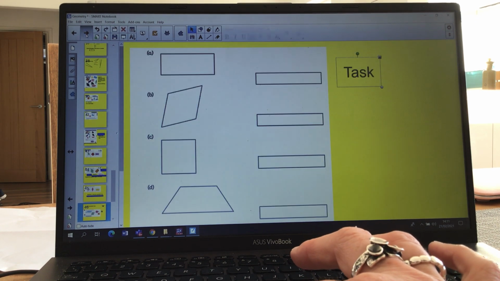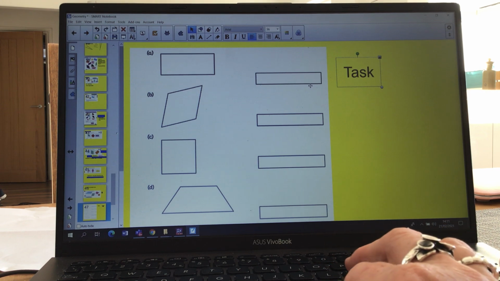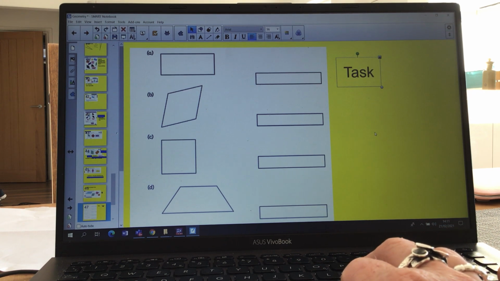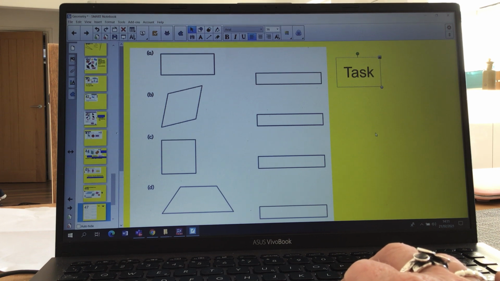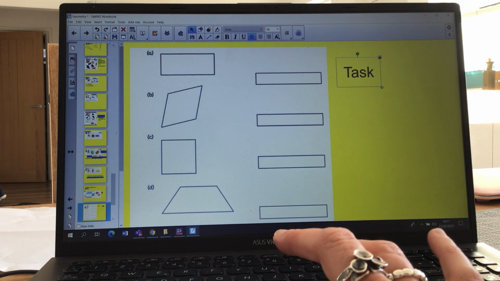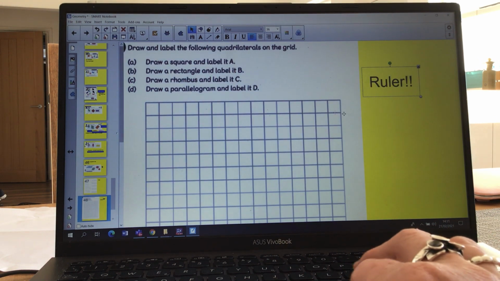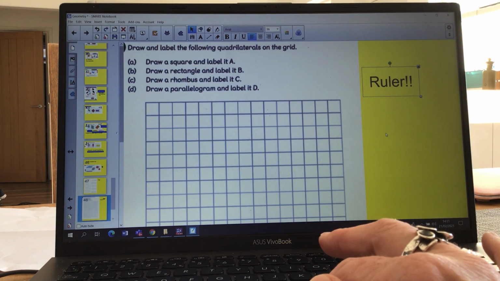Okay. So what am I asking you to do on Teams? You have to name some shapes. You might have to go back through this video and pause it and look at it. You might have to be thinking about spelling the shapes correctly, thinking about the parallel sides, parallel lines, and naming those shapes. That's the first task. You then have to draw some quadrilaterals and label them.